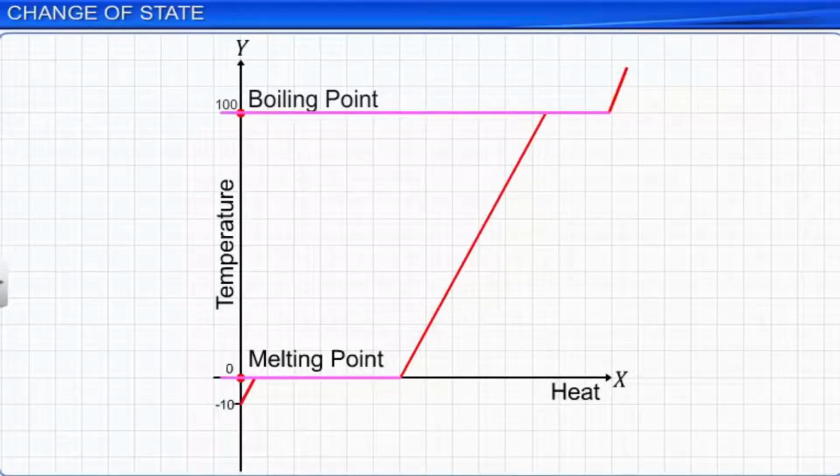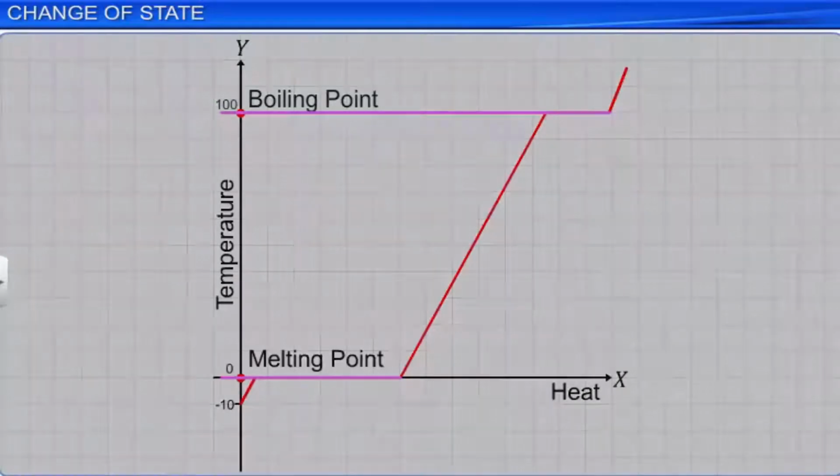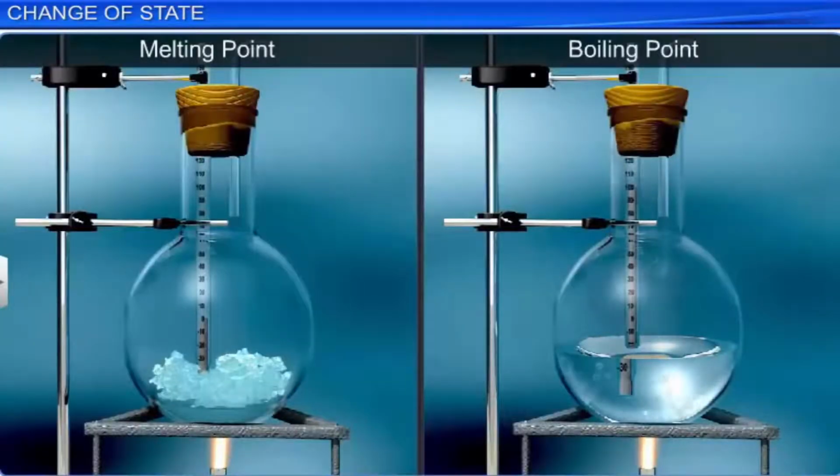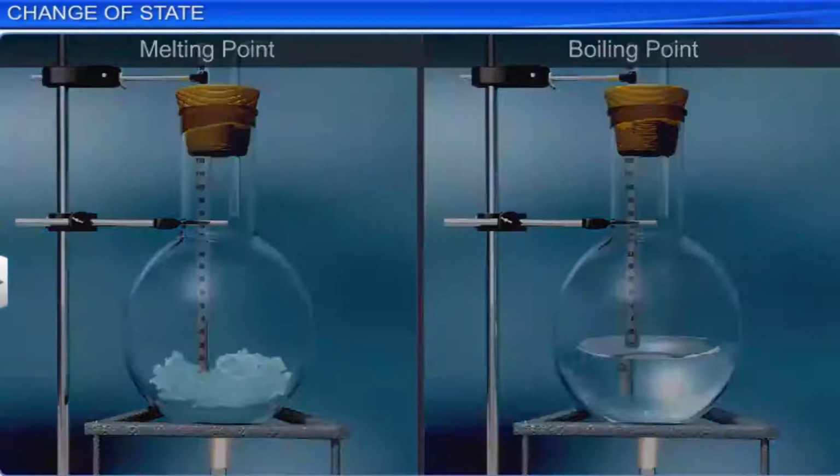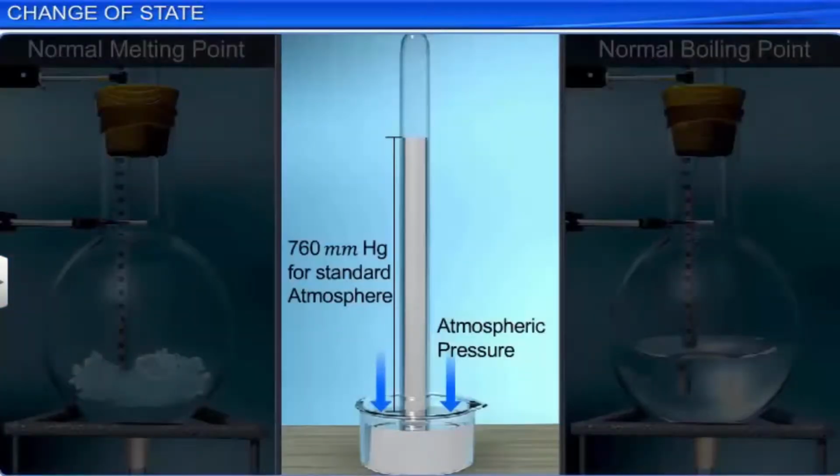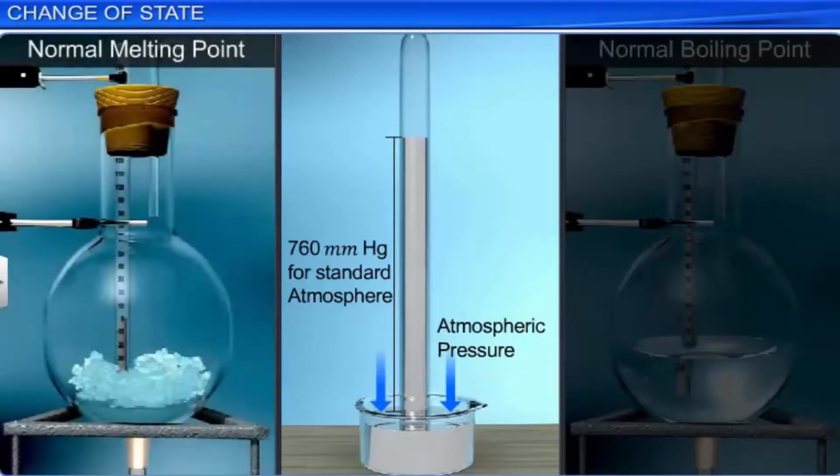The melting point and boiling point of a substance depends on pressure. If measured at standard atmospheric pressure, they are called normal melting point and normal boiling point.